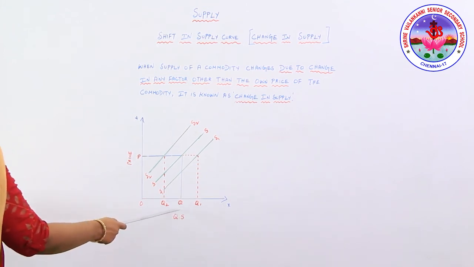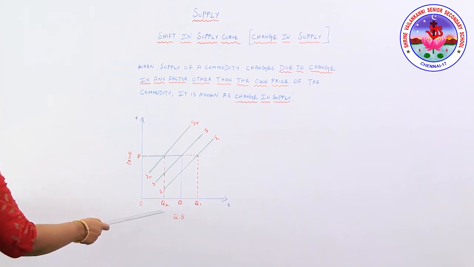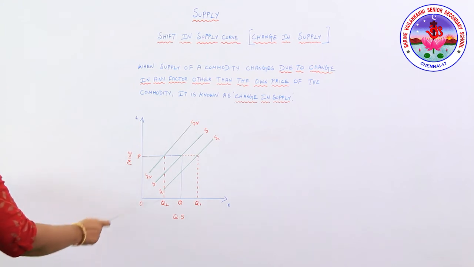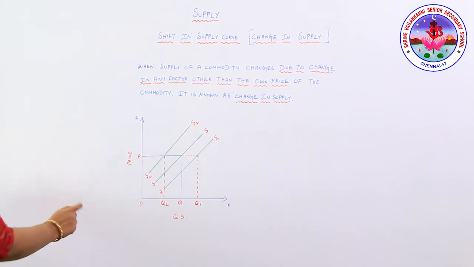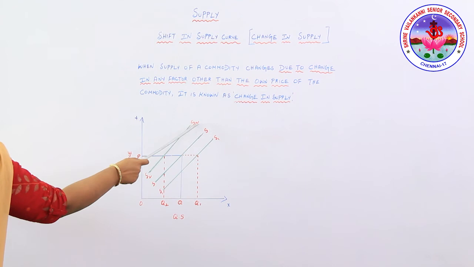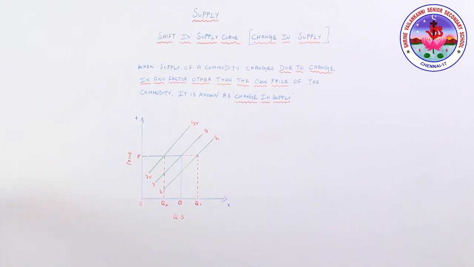So if it falls from OQ to OQ2 at the same price of OP, it is known as decrease in supply. That leads to a leftward shift in the supply curve from S to S2. We are calling it a decrease in supply.